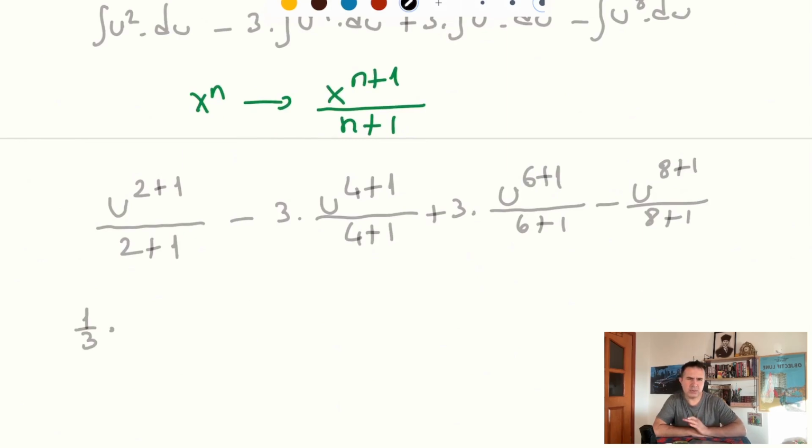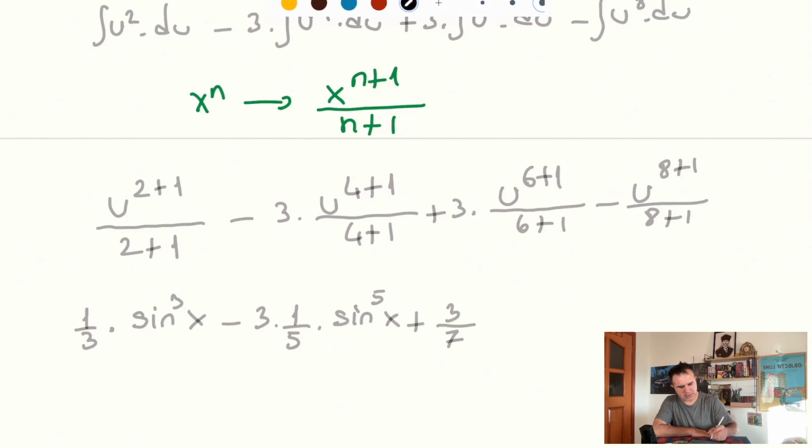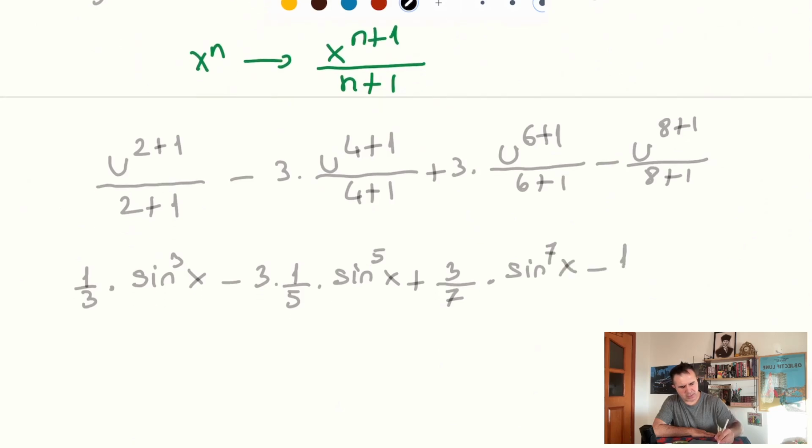Since u is sin x, I will rewrite u as sin x: sin cubed x minus 3 times 1 over 5 times sin to the power of 5 x plus 3 over 7 times sin to the power of 7 x minus 1 over 9 times sin to the power of 9 x.